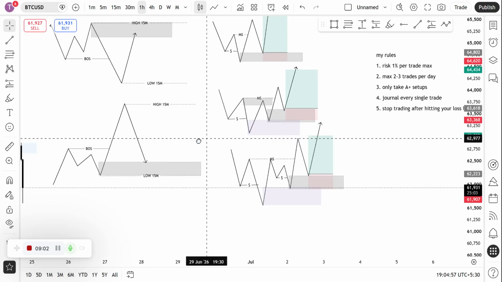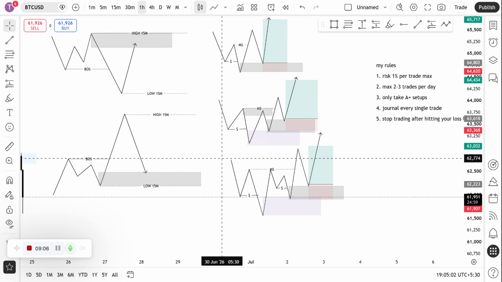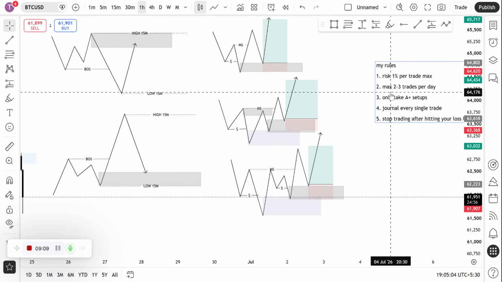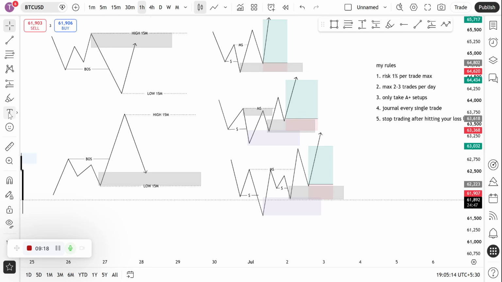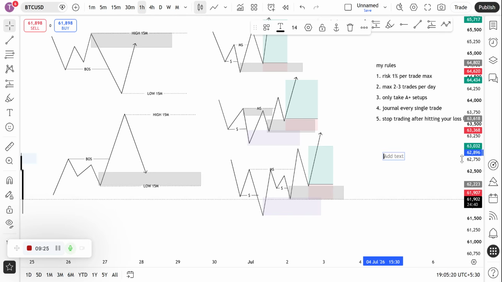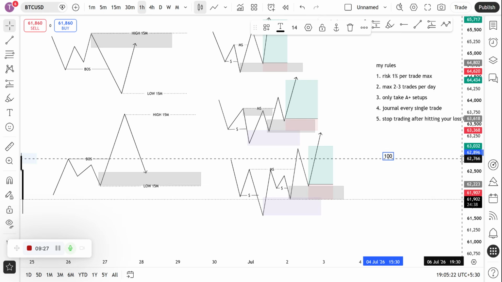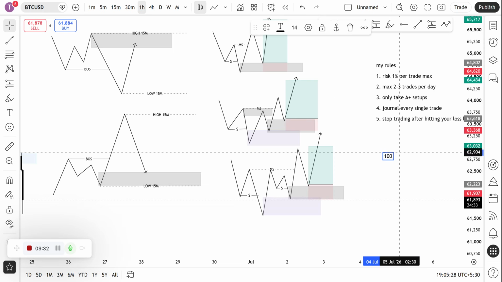Simple like that. So I have rules. I have 5 rules that I obey when I'm trading, because I'm a day trader. So number one, I risk 1% per trade, maximum 1% per trade. Why? Let's say I have $100, right? The main goal, guys, is to protect my capital. So let's say I have $100, and I have to protect it very well so that I will be in the game for the long run.